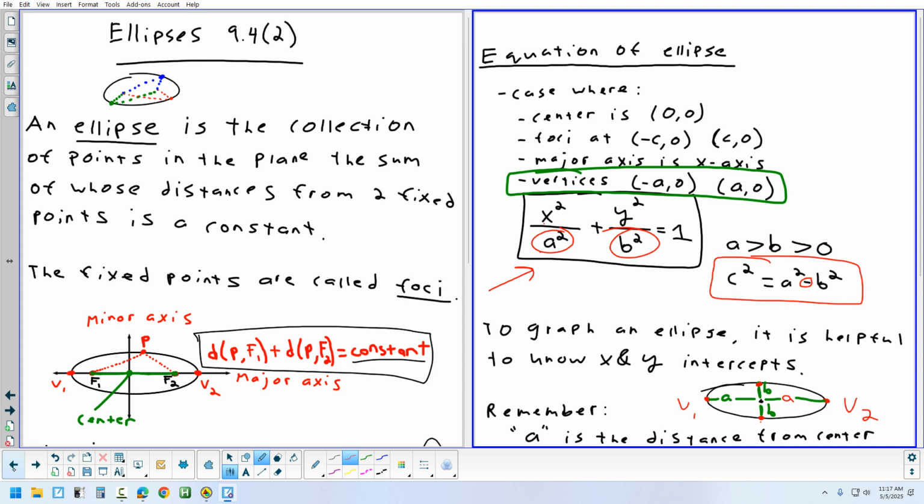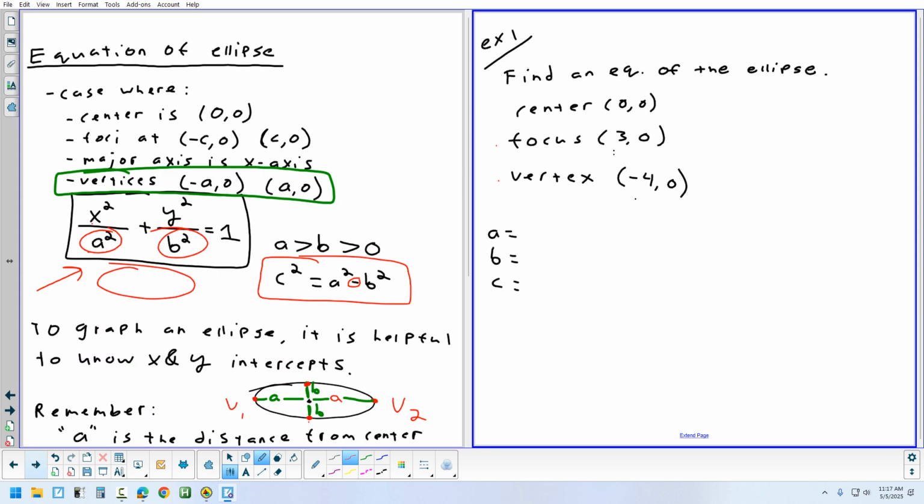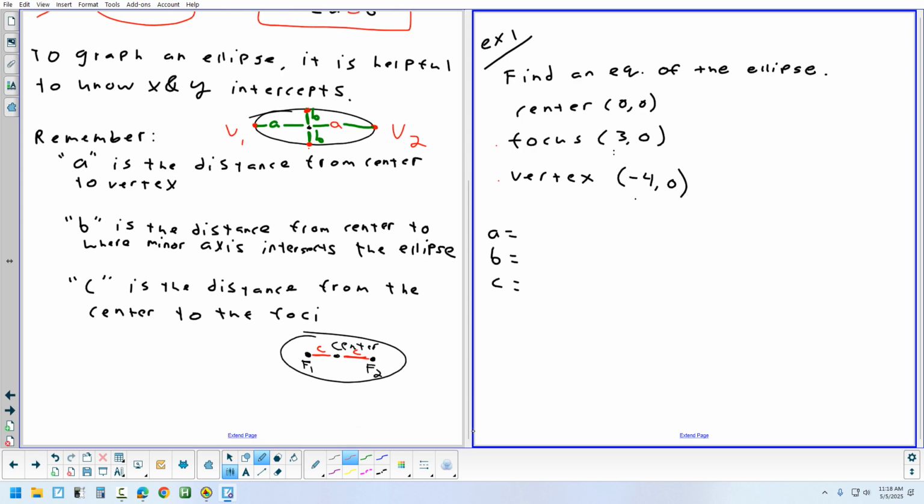This kind of ellipse will go left and right because the A is under the x. All right, so let's see what we can figure out. Did they give me enough information to figure out A in this case?